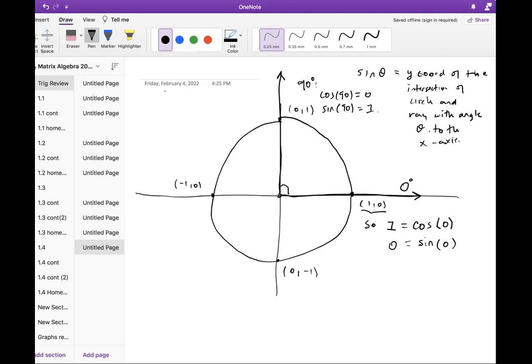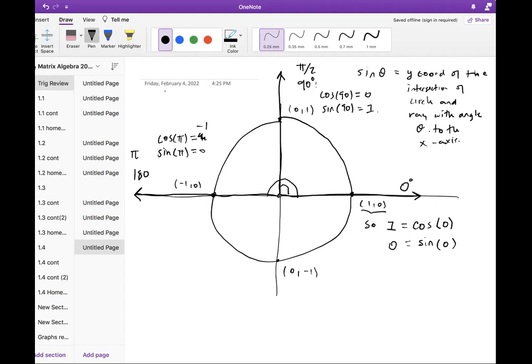Now let's take a ray that makes an angle of 180. This is pi over 2, and this is pi. So we can just look at the point here. That means that cosine of pi is -1, and sine of pi is 0.